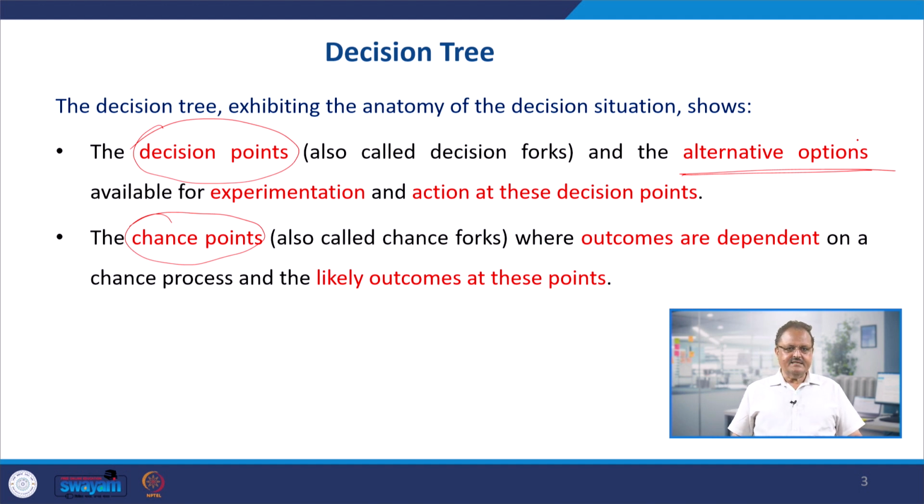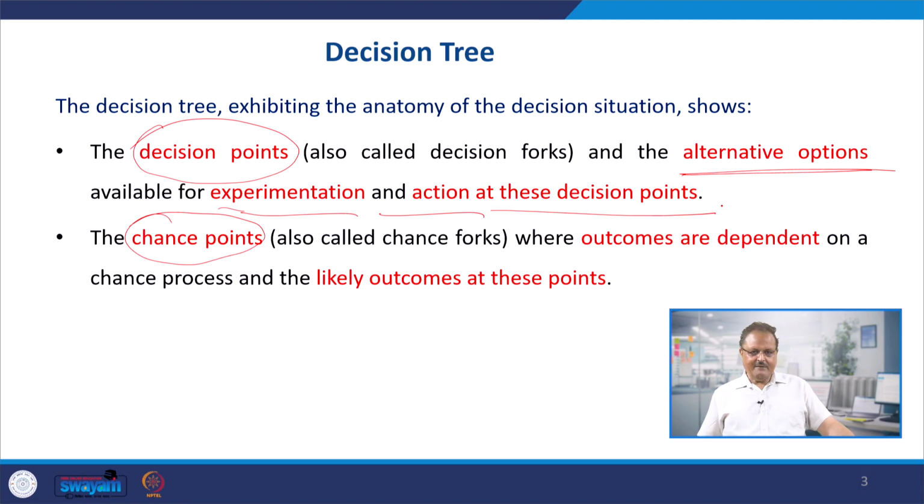So the first thing is the decision point and the alternative options available for experimentation and actions at these decision points, right? So we will have to look at it. You will always have two options available, whether to take the decision or to abandon it. If you take that decision, what are the chances of success? So you will have to go to the next thing, that is the chance point.